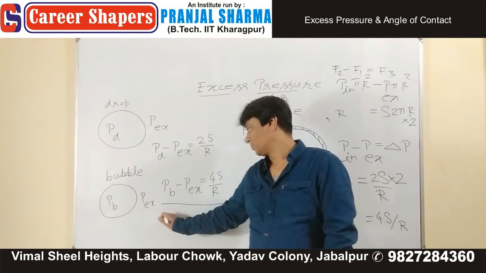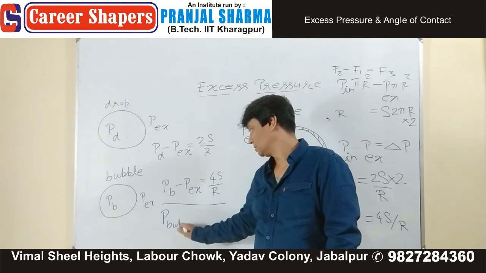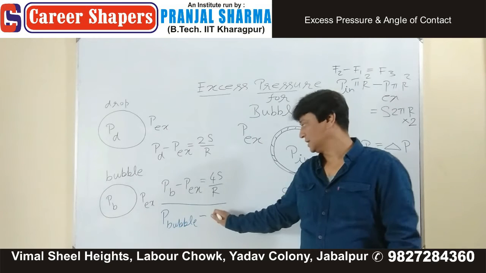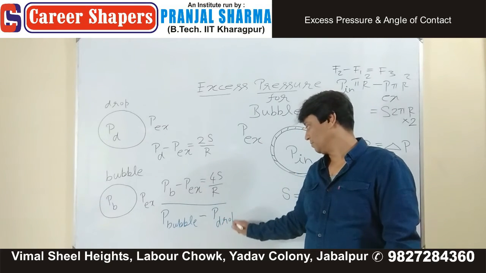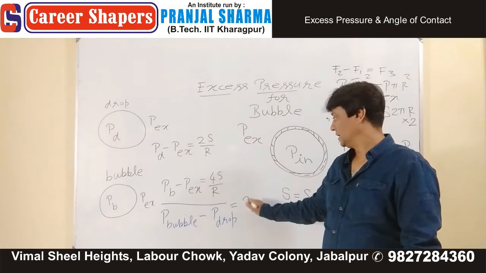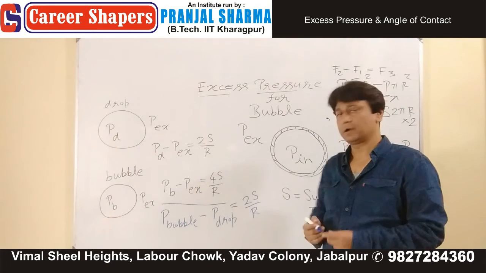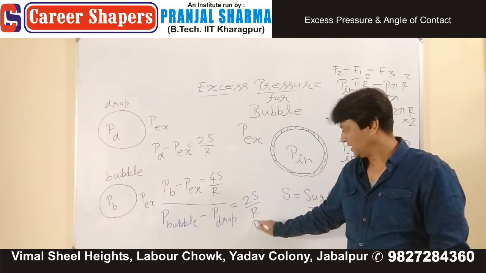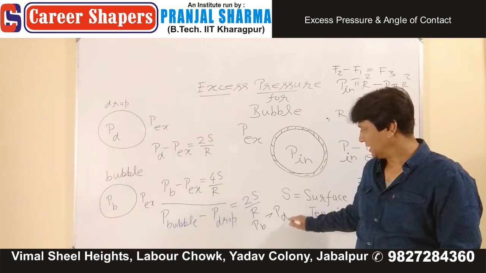2S. So pressure inside a bubble minus pressure inside a drop of the same material, same size is 2S divided by R, and for us PB is greater than PD.